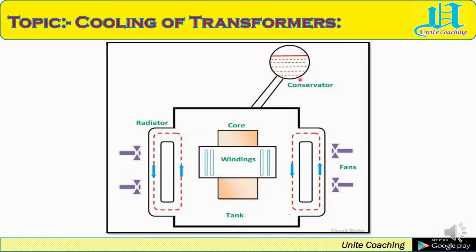Again, this conservator is filled with oil, and the transformer tank is also always filled with oil. So the conservator provides the circulation of oil within the body of the transformer. In this case, oil and air, both media are used for the cooling of the transformer.